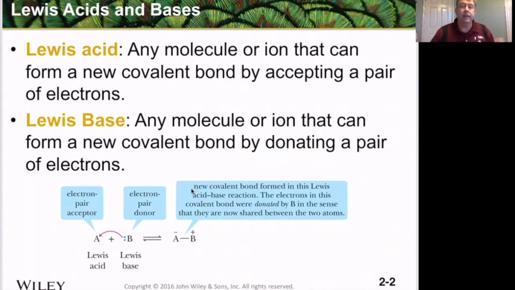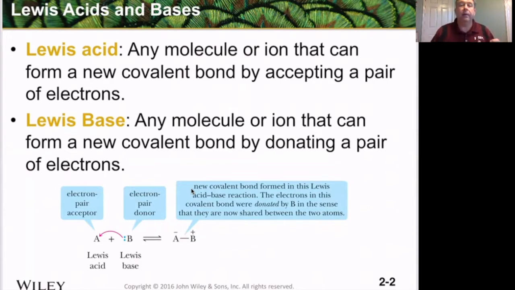So the idea here is that we have what are called Lewis acids and bases. A Lewis acid or base is any molecule or ion that can form a new covalent bond by accepting a pair of electrons. Notice we're not transferring a proton, we're not reacting with water. We are creating a bond by accepting a pair of electrons.